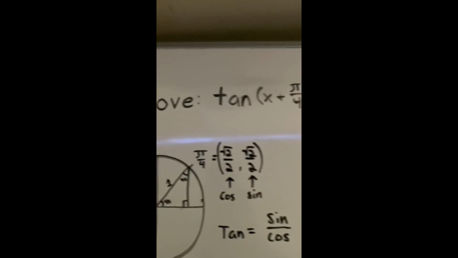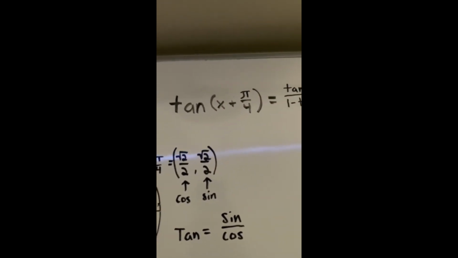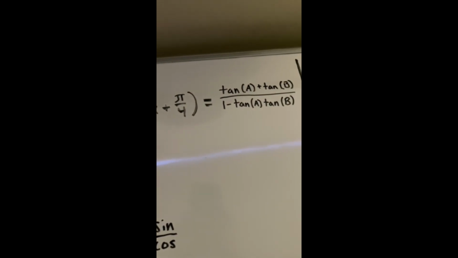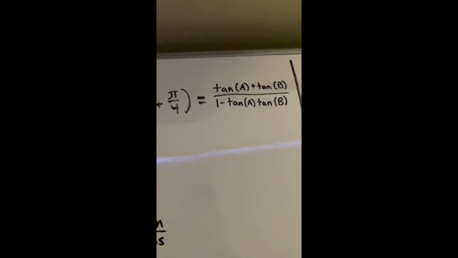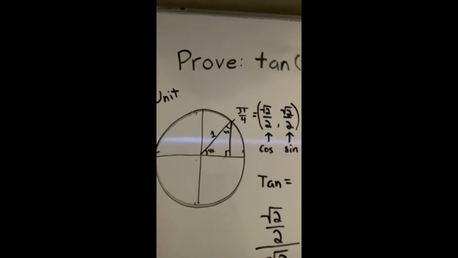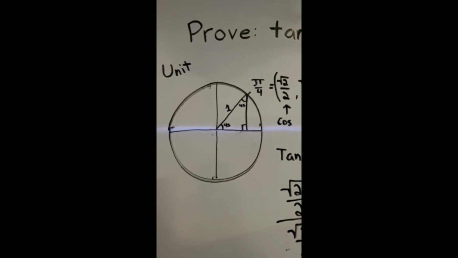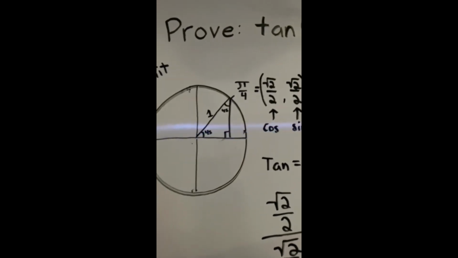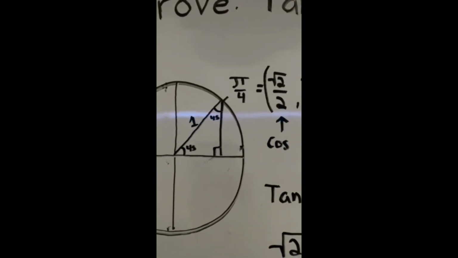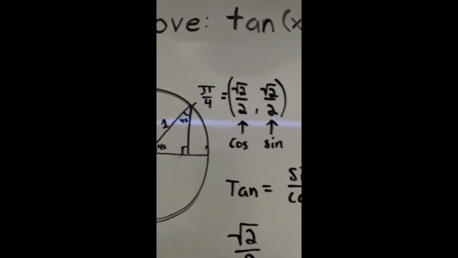All right, I'm going to be proving tan of x plus pi over 4 equals tan of A plus tan of B over 1 minus tan of A times tan of B. In order to do this, I'm going to open up a unit circle real quick. Now, as we know, this point right here is pi over 4. We know that from our unit circle knowledge.